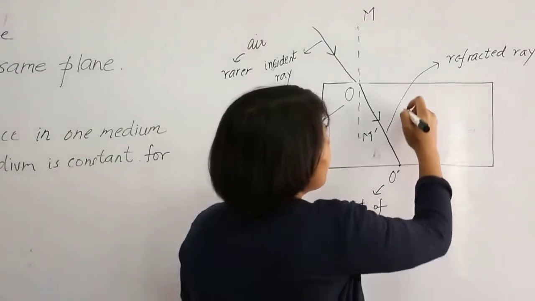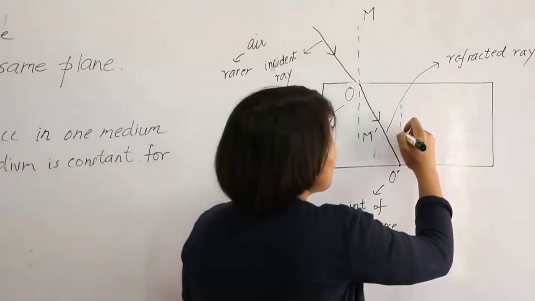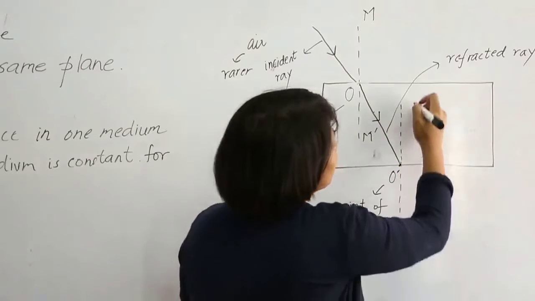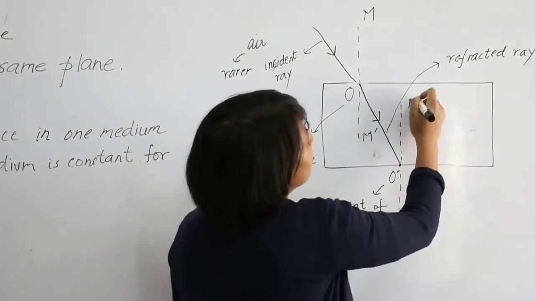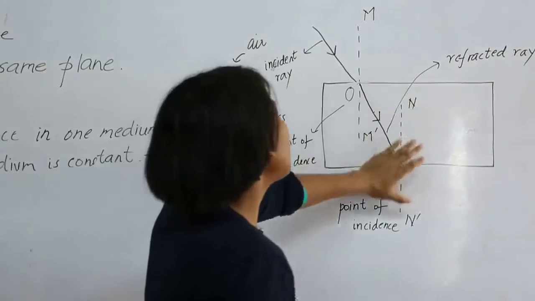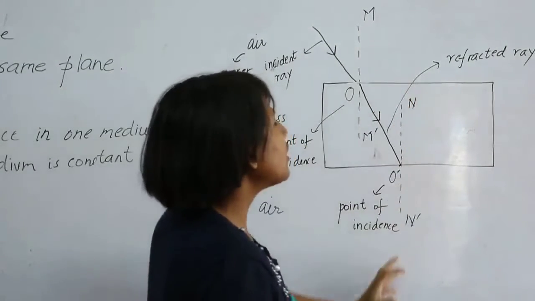Then a perpendicular is drawn through this point of incidence and denoted by N prime. Any perpendicular line drawn at the point of incidence is called the normal.